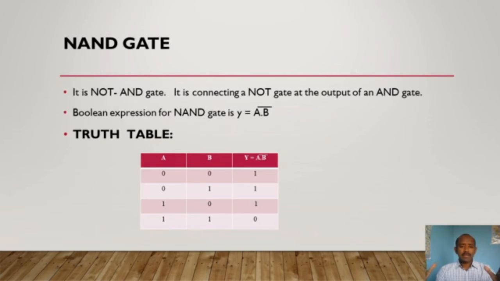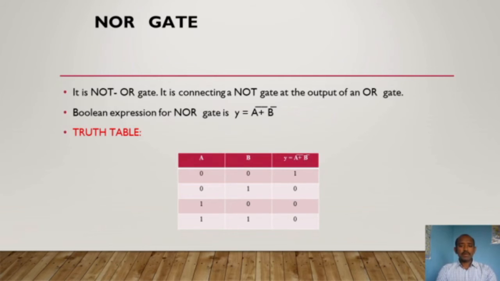Whenever both the inputs are high, the output will be 0, because of the Boolean expression Y is equal to A dot B bar. So we can write it as A dot A bar is equal to 0, and we can derive it by using that.